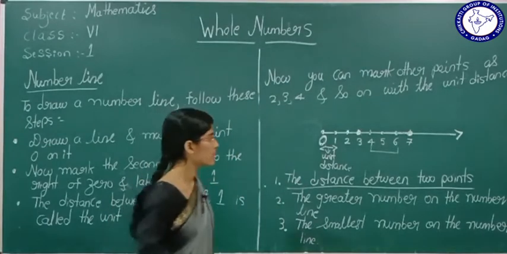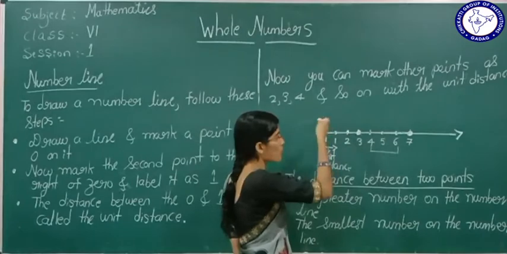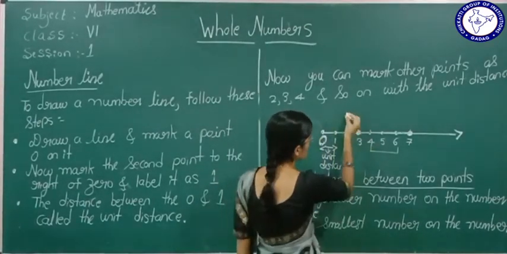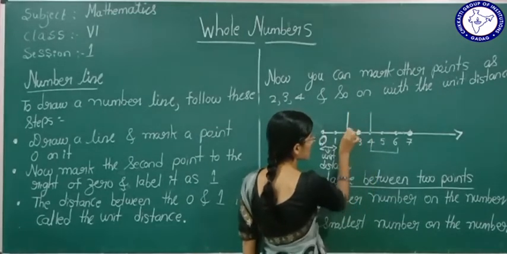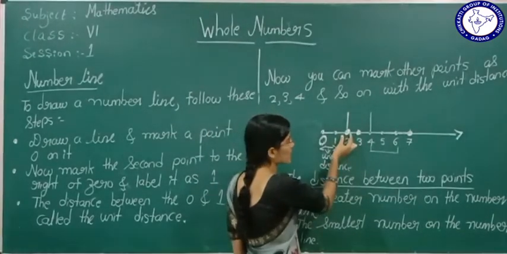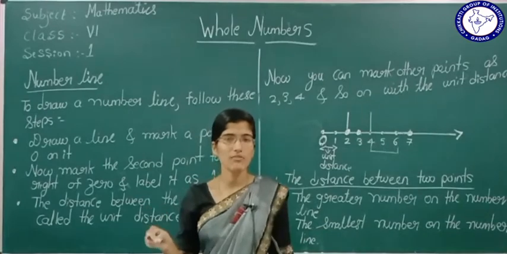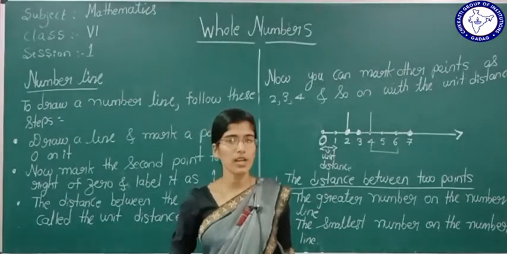Yes or no? The number on the left is always smaller than the greater number. Now see, if I ask you whether 2 is smaller or 4 is smaller, definitely 2 is smaller because 2 is on the left of 4. What I am telling? The number on the left is always smaller than the number on the right.